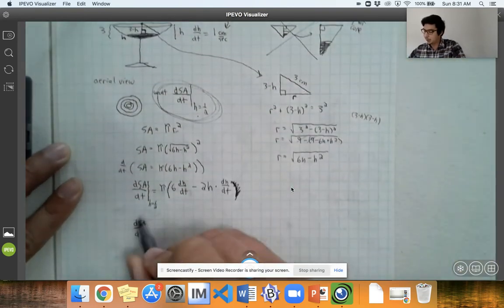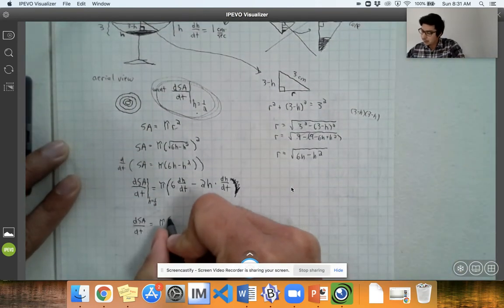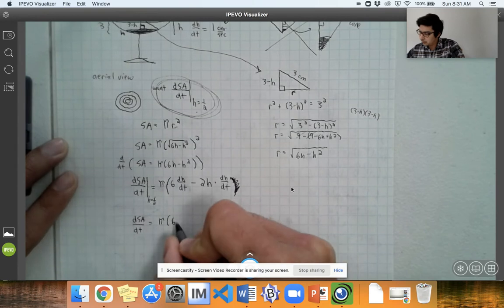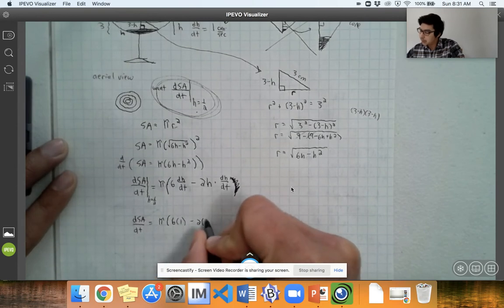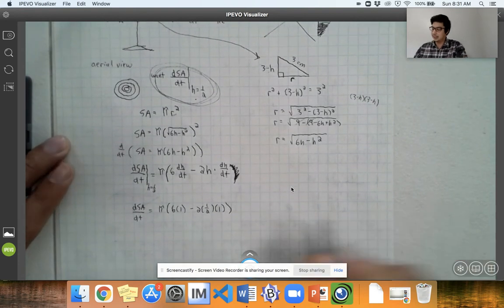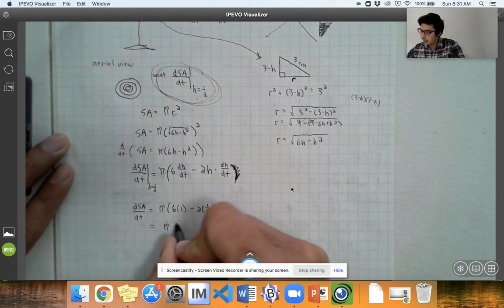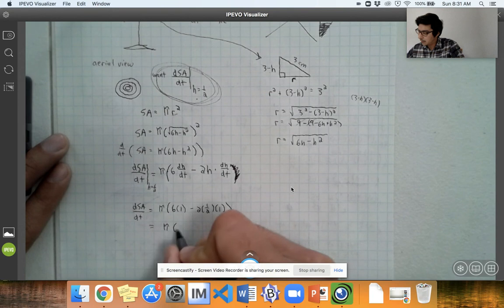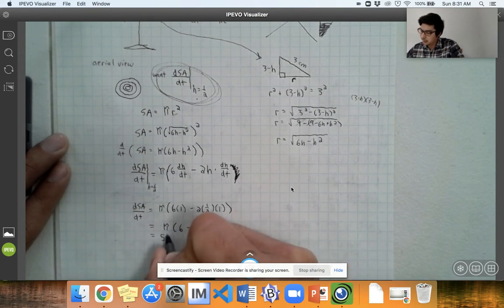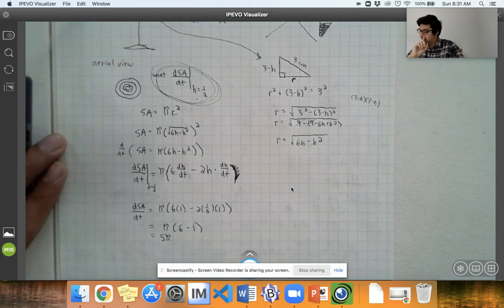So, get back to work and plug it all in. We're going to get pi times 6 times 1 minus 2 times 1/2 times 1. And then cleaning this up a little bit, we'll see it's pi times 6 minus 1, since 2 times 1/2 is 1. And your answer here is 5 pi, I believe.